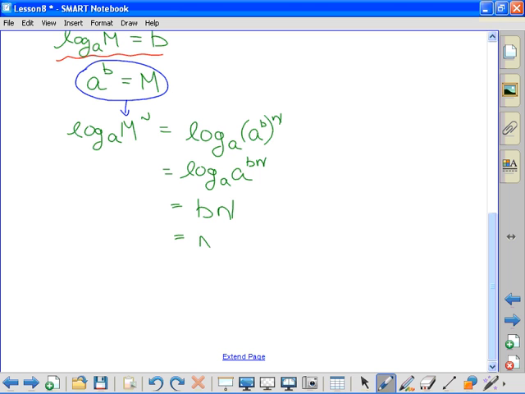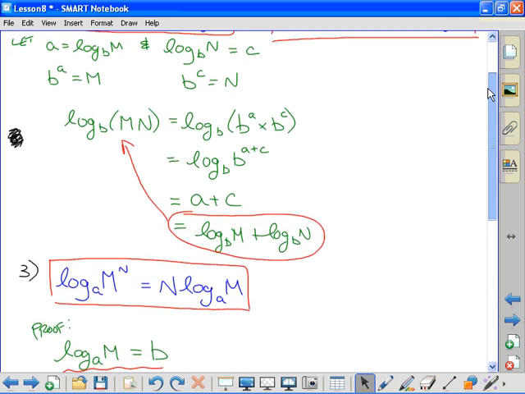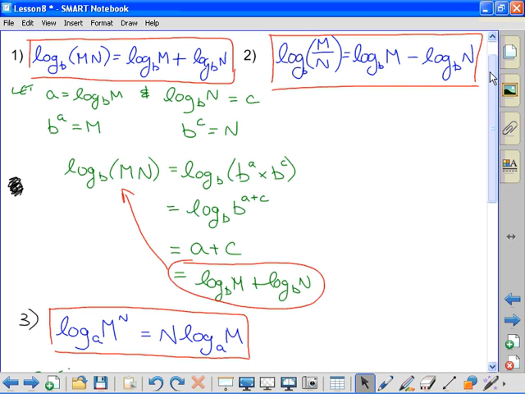So the n is now out front: n log base a of m. So this is proven to be equal to that. That's why, and we're going to use these when we're solving equations. You need to have these six laws identified when we go through. The next video will deal with the examples related to these concepts.